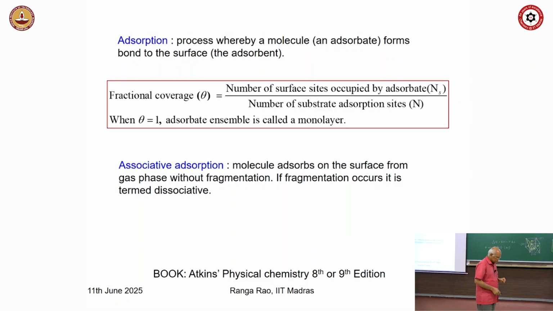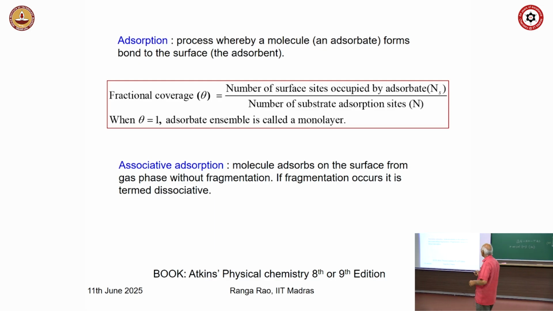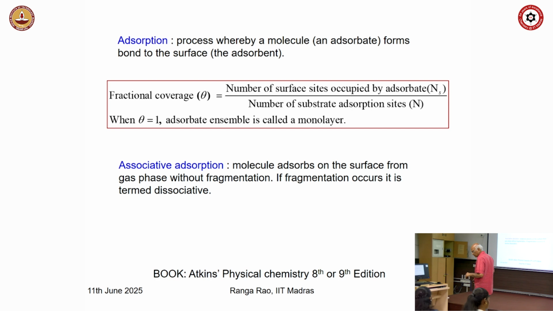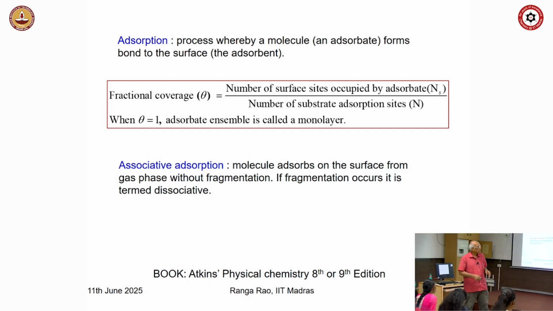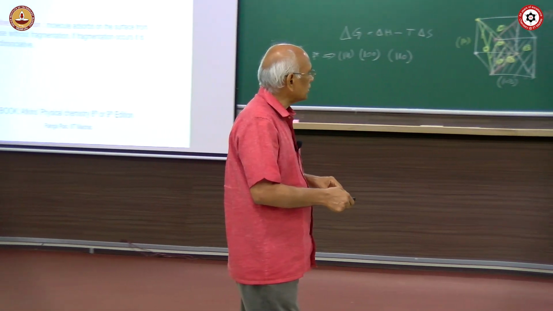Next one I just want to quickly recall is the Langmuir isotherm. Adsorption is a process where the molecule is called the adsorbate and the surface is called the adsorbent. You can have dissociative adsorption or associative adsorption.